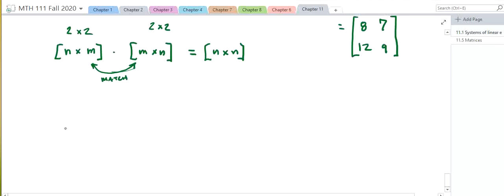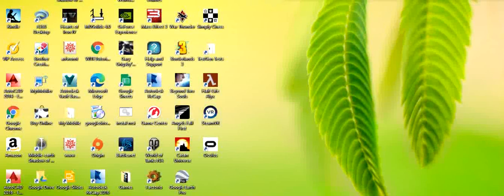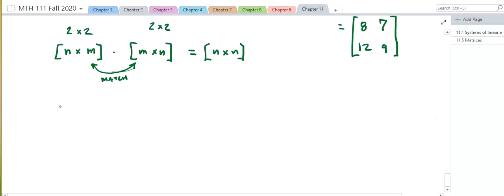So this relationship has to exist, and let's look at a 1 by 2, for example, multiplied by a 2 by 2. Notice the 2 and the 2 match. It doesn't matter what the outside is. That's going to be the size of our new matrix. Our new matrix is just going to be a 1 by 2.